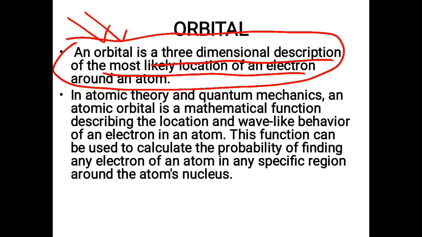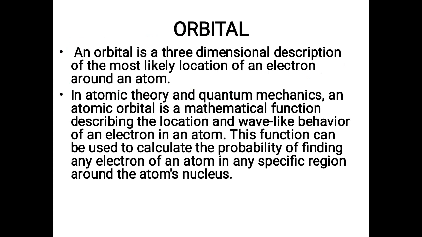So, the latest structure of the atom is defined as: in the center, over a very small region, the positive charge is found with neutrons, and this area is called the nucleus. But the electron is found around the nucleus, and where it is found with maximum probability, that space is called an orbital.